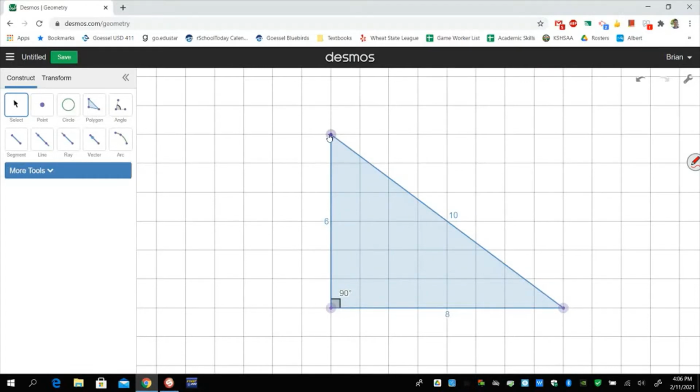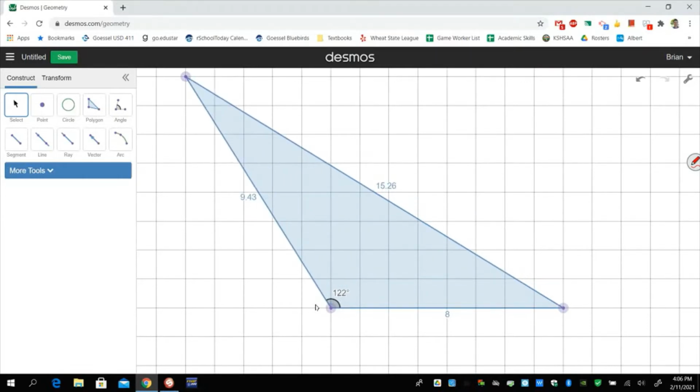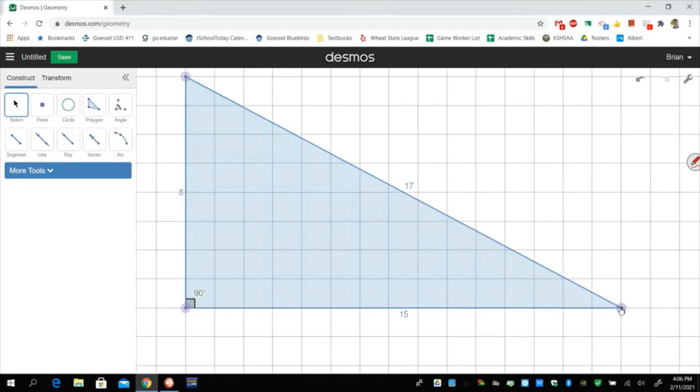I'm probably going to have to move it up here a little bit. Let's go 8. There's 8. Let's go to 15. See, 8, 15, 17 works. You change that number, then you start getting into the decimals. Okay, so those are referred to as Pythagorean triples. 3 numbers that will work in the Pythagorean Theorem, and they have to be whole numbers.